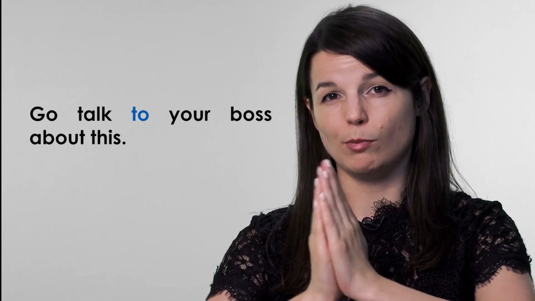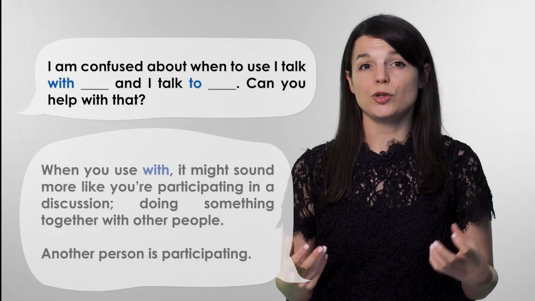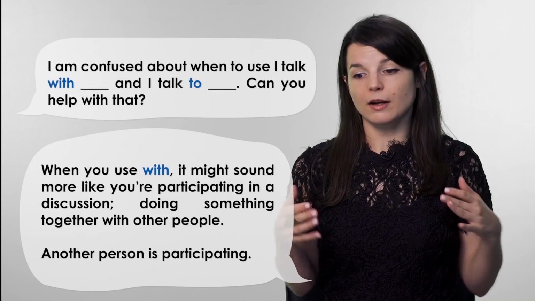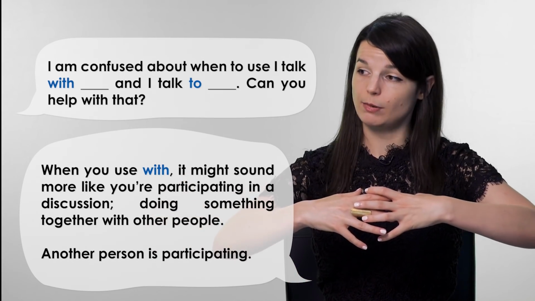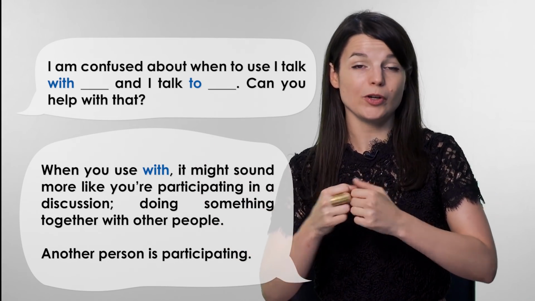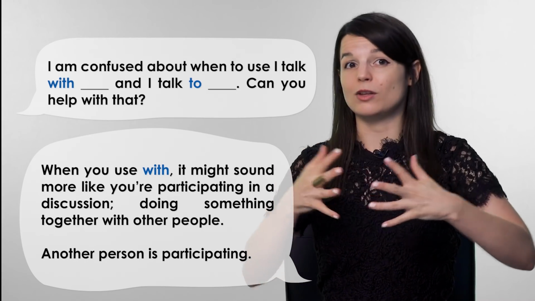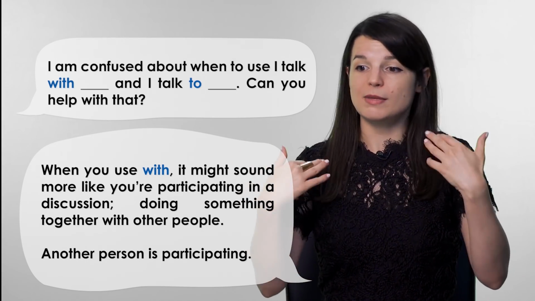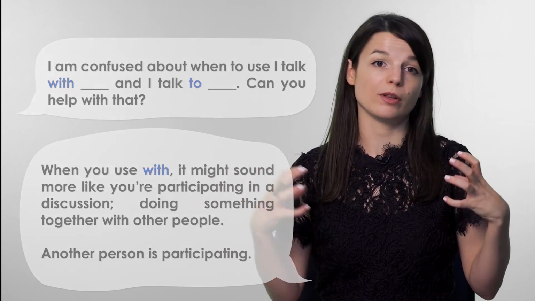Like, go talk to your boss about this, or let's talk to my parents about this. When you use with, however, it sounds more like you're participating in something together. You're participating in a discussion together, like you do things with another person. So there's someone else there participating together with you. So using with, to me, sounds a little bit more like there are other people participating, other people involved.